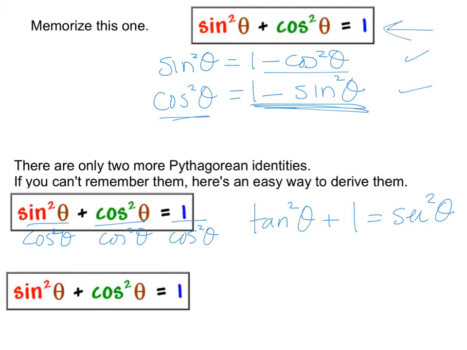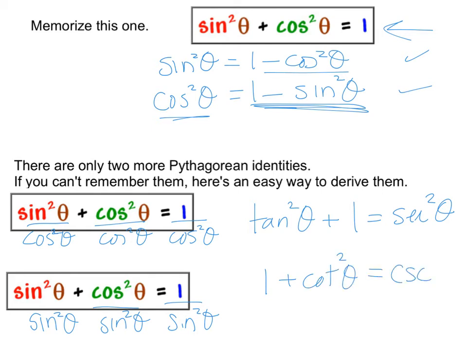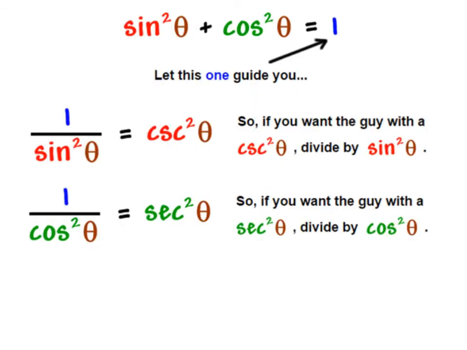Okay? So do the same thing with sine. Sine squared theta, just divide everything through by sine squared theta. And you're going to get sine over sine, which is 1, plus cotangent squared theta equals cosecant squared theta. Here are a couple of other ones that you can remember, right?